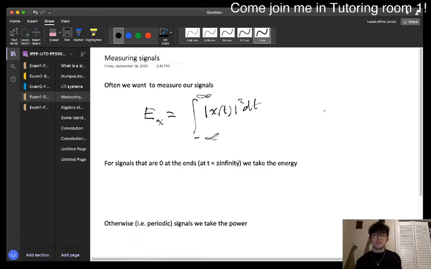So if we have our x of t be finite support, like a box that goes from a to b, then this integral would simplify down to a to b. But if this b bound wasn't here, so it went to infinity, like a step function, then this would be bound from a to infinity, and so on.